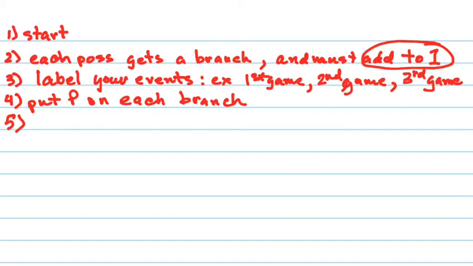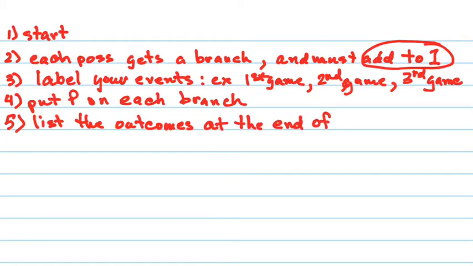All right. So, what you need to do at the end is list the outcomes at the end of each branch. Okay?